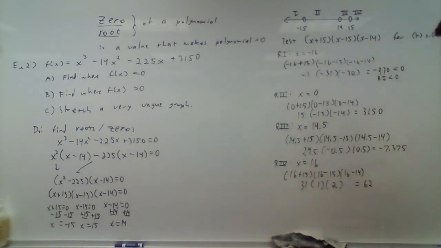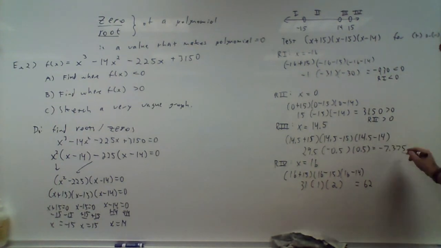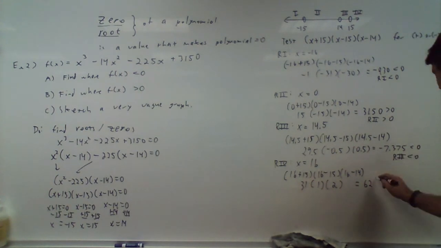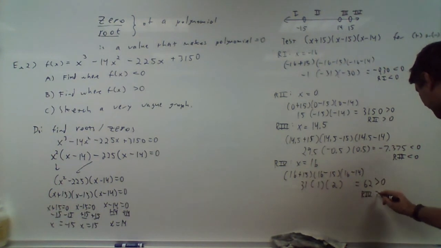That's 62. Okay, and I got negligent on these. Since this is greater than 0, region 2 is greater than 0. Since this is less than 0, region 3 is less than 0. And since this is greater than 0, region 4 is greater than 0.